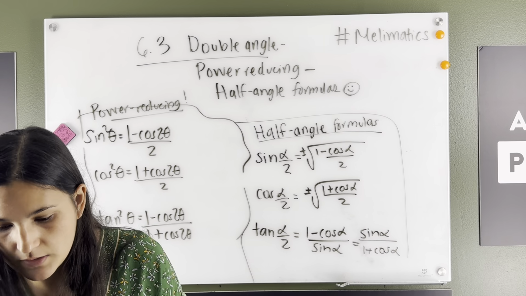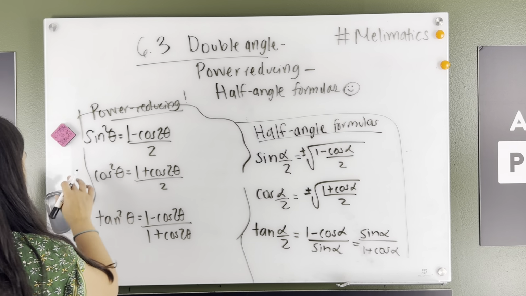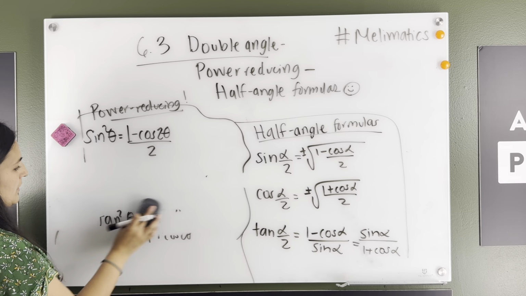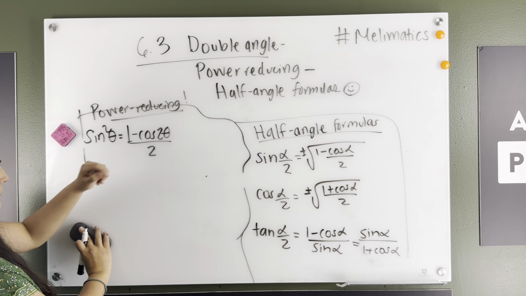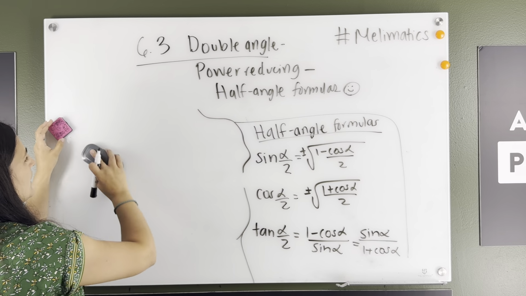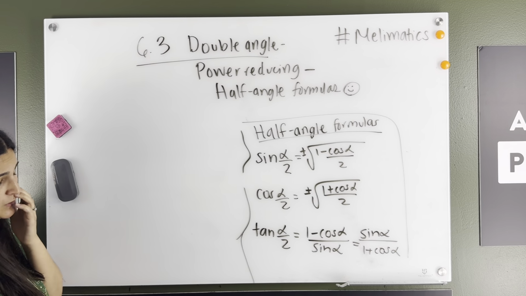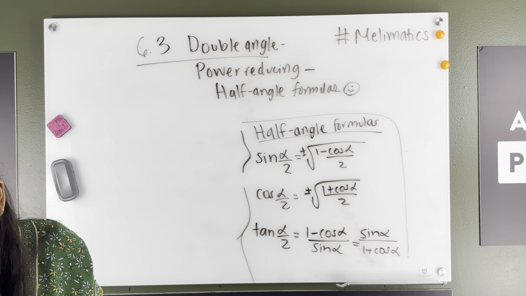Okay, so this is example number 4. Alright, the power reducing, you just plug in at this point. We already went over what cosine 2 theta is in the previous problem, and I will prove one identity for you guys in class. Okay, so let's just use the half angle formula as example 4.